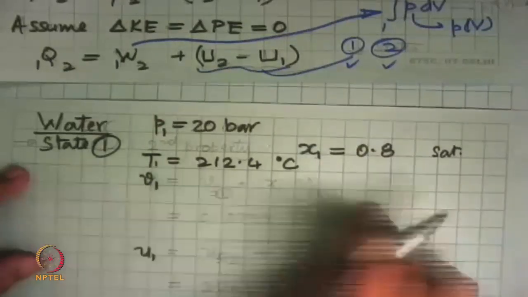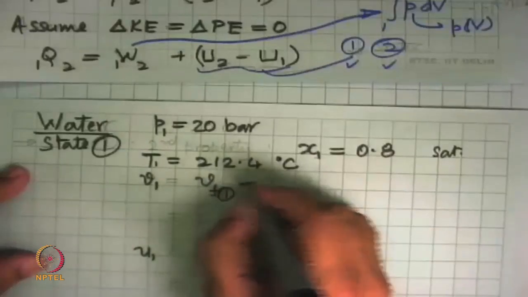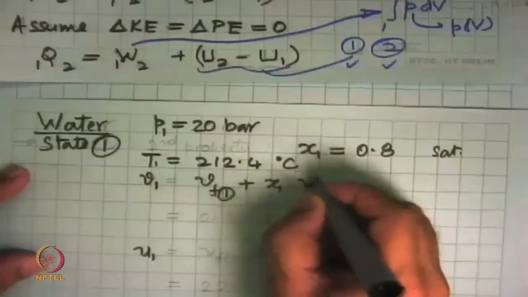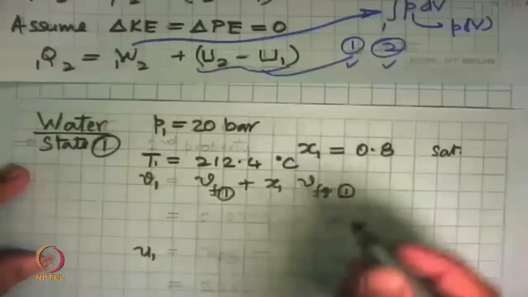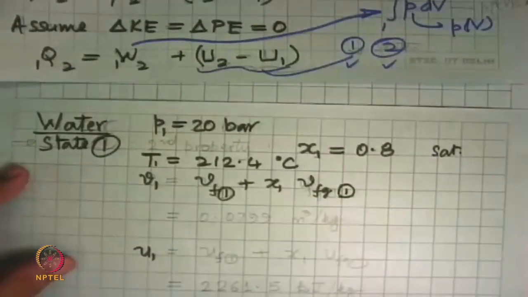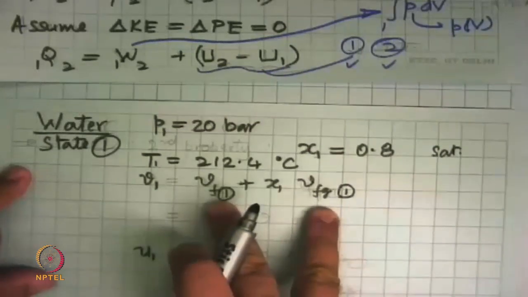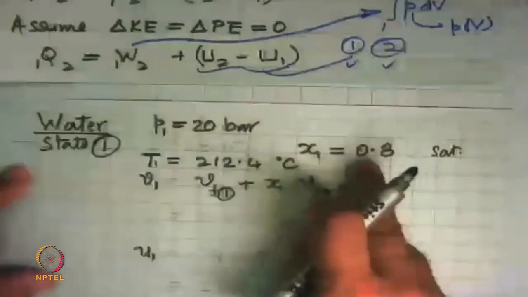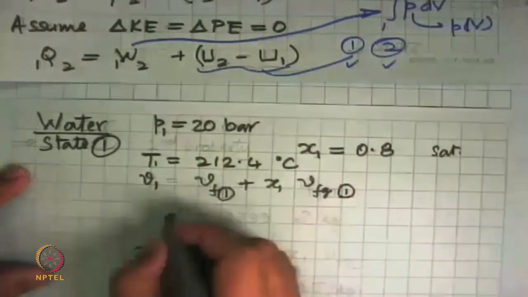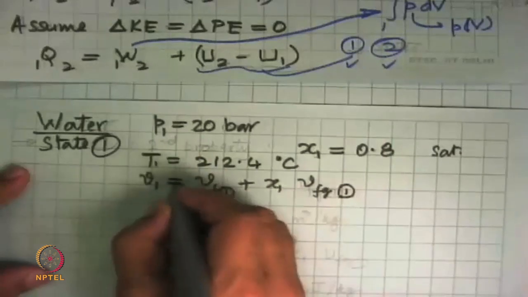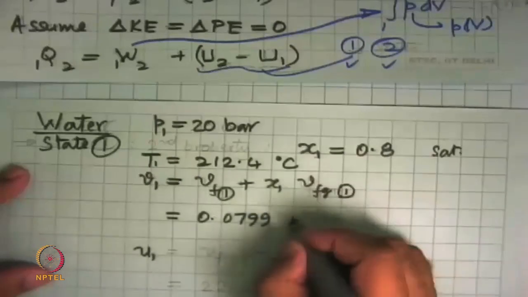Okay, then for V1, we'll get this is Vf in state 1 plus X1 times Vfg in state 1. Vfg is Vg minus Vf. So although there are two terms looking here, they are one and the same, all we needed to know is what is the pressure, because we know it is a wet state, and we can get those numbers from the tables, and this number is 0.0799.